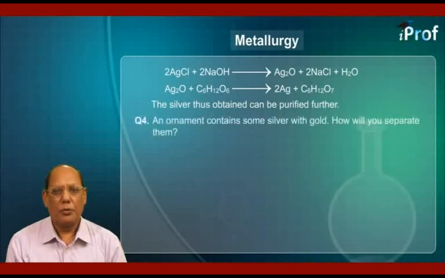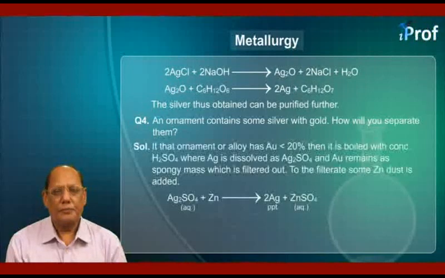Well, question number 4. An ornament contains some silver with gold. How will you separate them? The answer is, if that ornament or alloy has gold less than 20%, then it is boiled with concentrated sulfuric acid, where silver is dissolved as silver sulfate and gold remains as a spongy mass, which is filtered out.